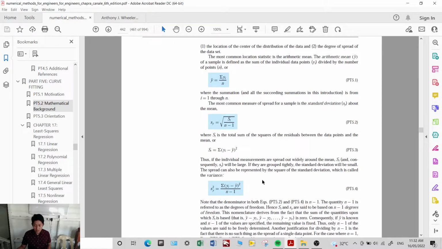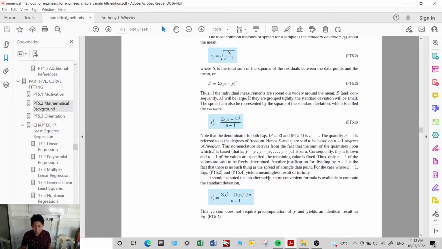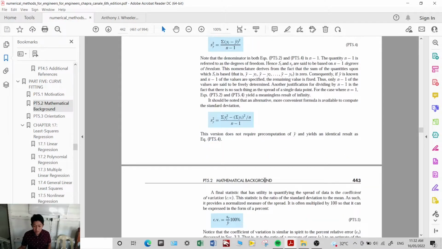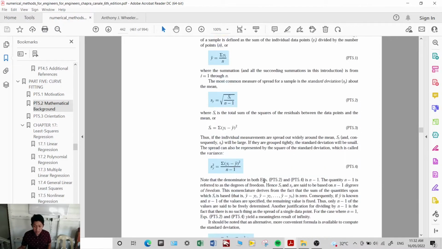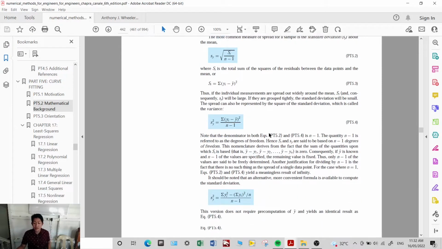And also, we'll be using the variance, which is just the square of the standard deviation. Those are the basic statistical jargons that we'll be encountering in our curve fitting.